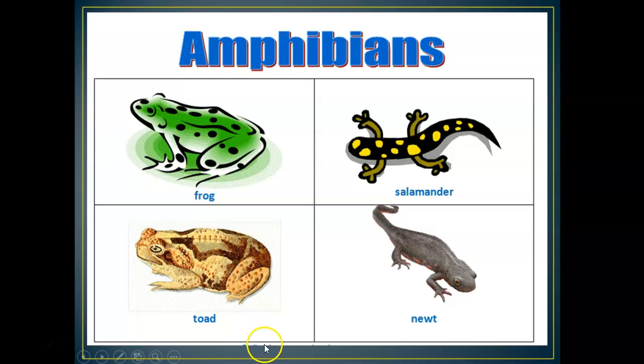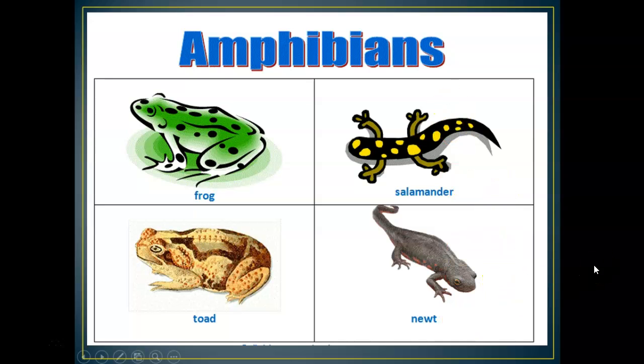Now, here is a picture of different types of amphibians. A frog, a toad, a salamander, and a newt. Now, salamanders and newts are similar to each other.